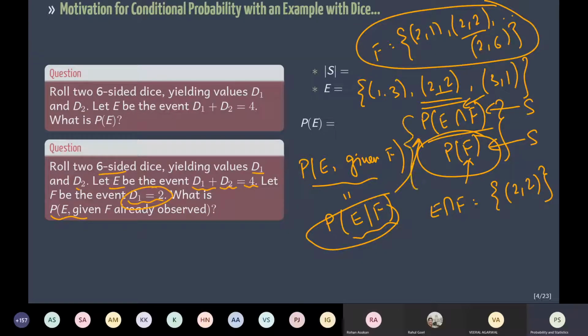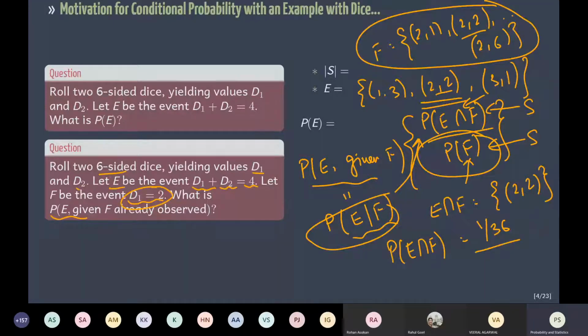But if you think of this as a reduced sample space, then this is how it will look. First compute the probability of E intersection F. What is the probability of E intersection F happening? This is 1 over 36. And what is the probability of F happening?